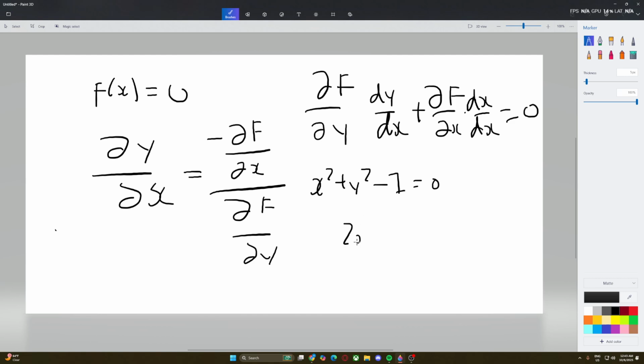That's 2x would be the derivative right there. Partial f with respect to y of a function would be 2y. And then plus partial f with respect to x would just be 2x. And we already got the partial. I don't even know where the dx comes from. Whatever.